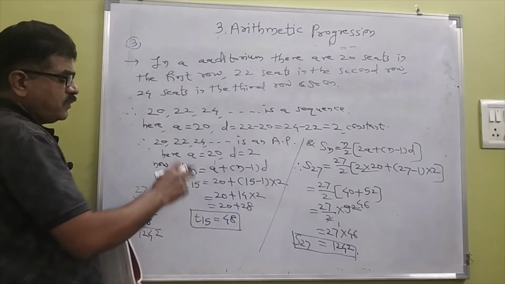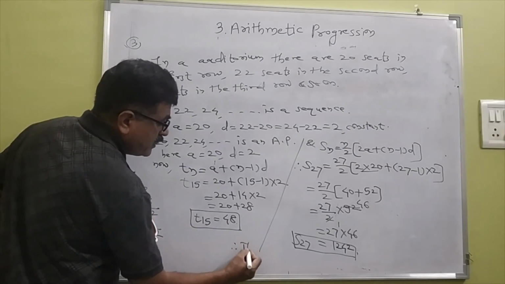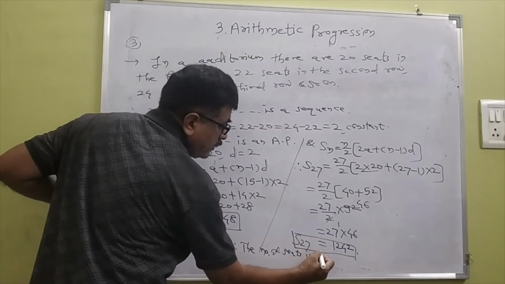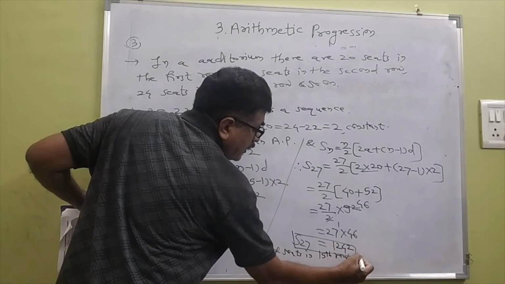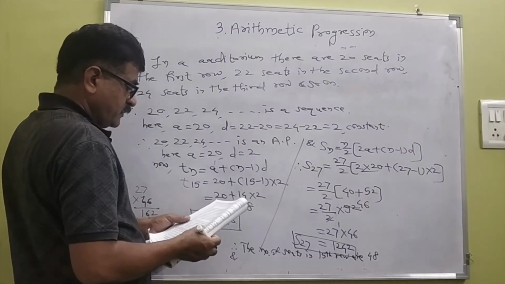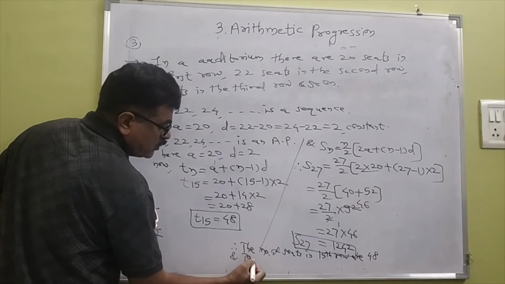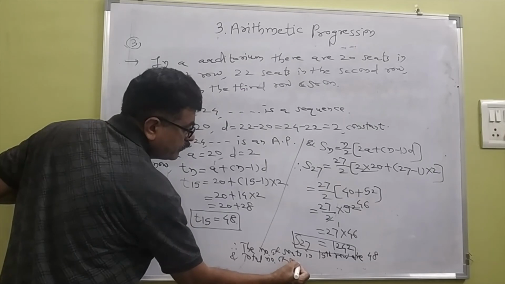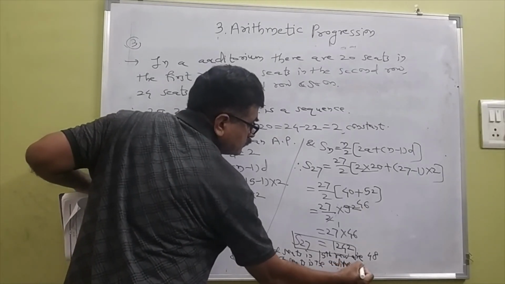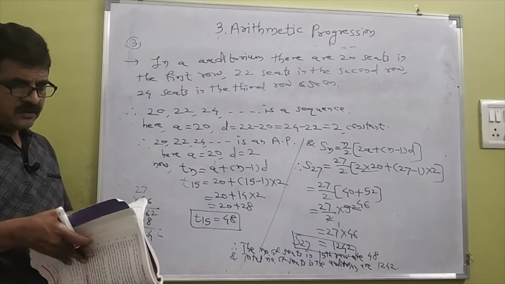Therefore, write down the answer. The number of seats in the 15th row is 48, and the total number of seats in the auditorium is 1,242.